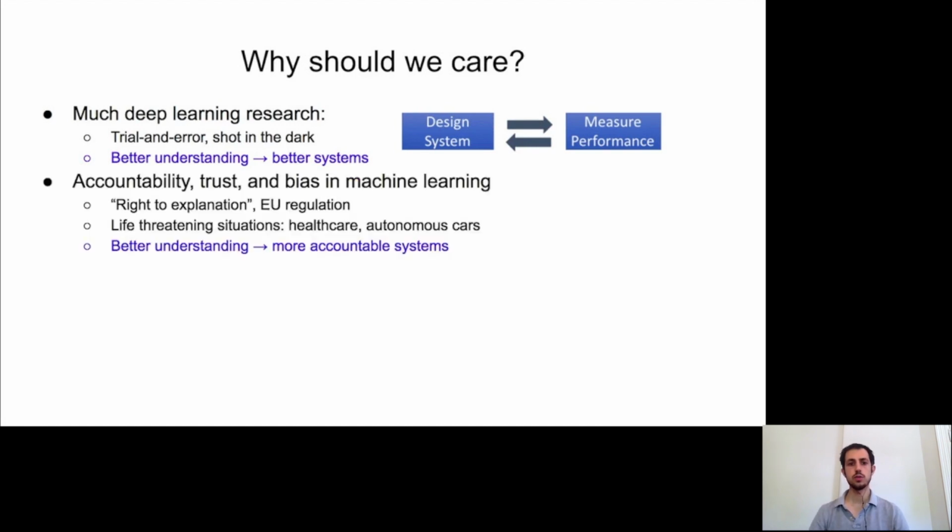Other reasons have to do with how these systems are used in the real world. They are used by human beings and in many different scenarios, and we would like them to be trustworthy and unbiased, as well as accountable. And this is something society has started recognizing in the past few years.